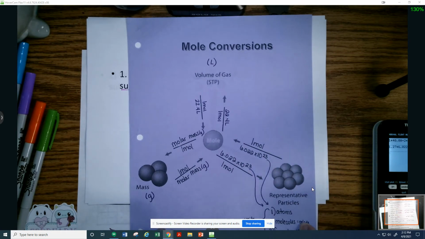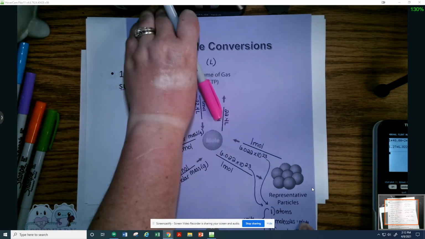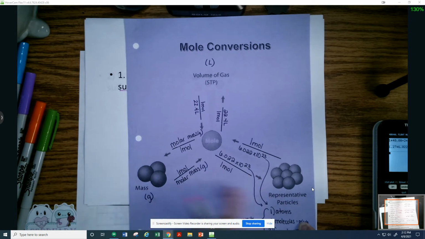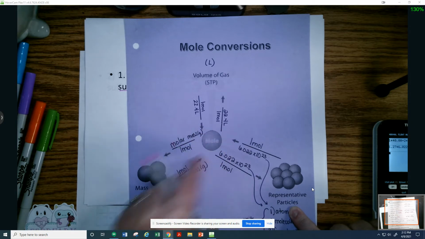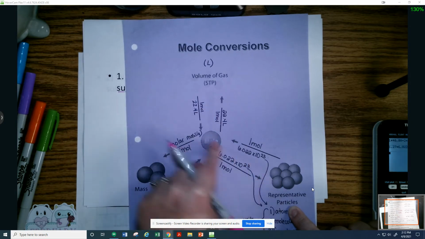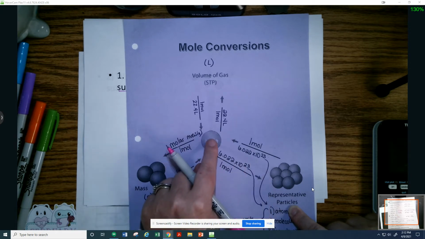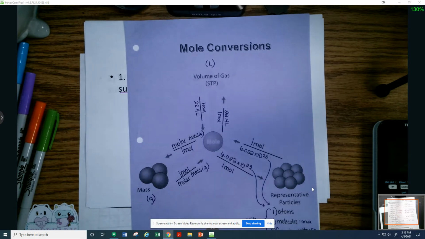It wants to know molecules. The given unit in this problem was grams. There is no direct conversion between these two. So you always, and we'll work through all of these by the time we get done with this unit, you have to convert something to mole. Again, it gives us a quantity that we can compare things to go from one thing to another.